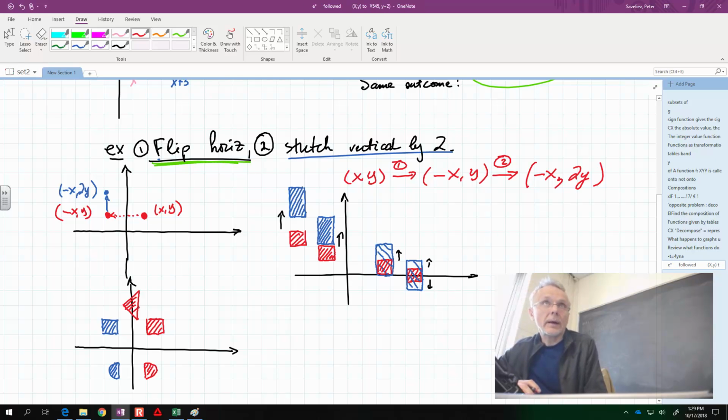What's going to happen? It will be reversed, yes, but it will be pivoted on the y-axis, like this.